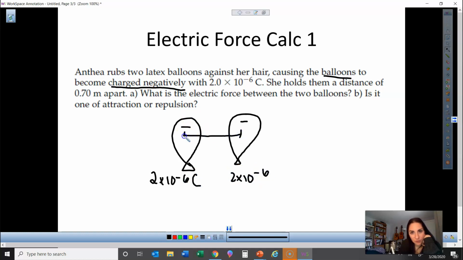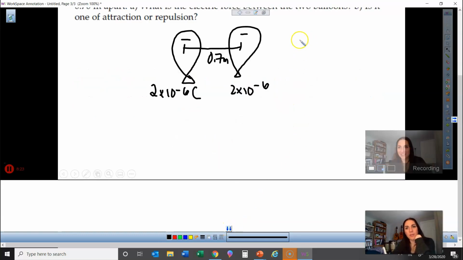And then the distance between these two charges, she holds them at a distance of 0.7 meters apart. Just like that. Okay. As always, drawing a picture is incredibly helpful in terms of visualization and what's happening here.